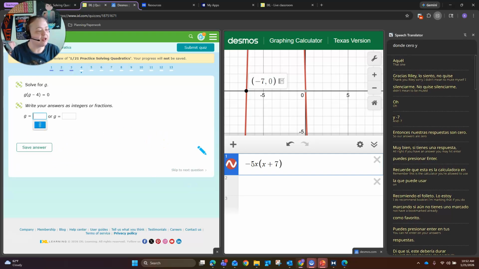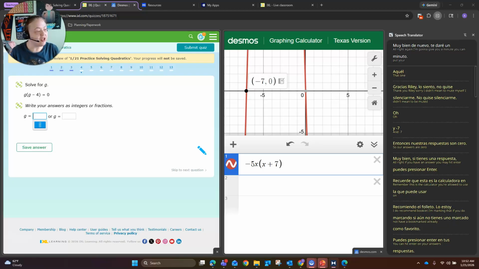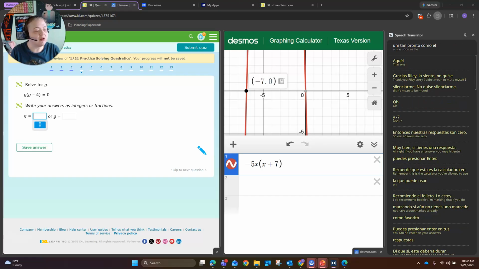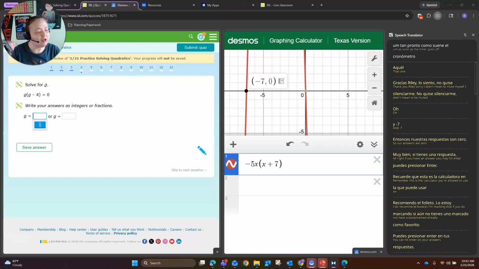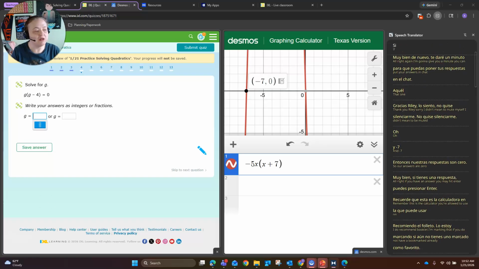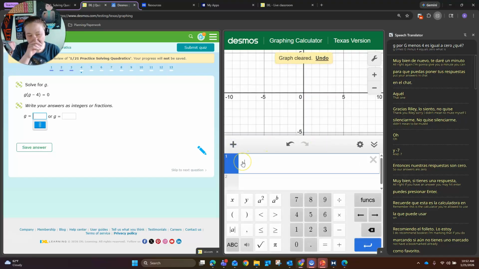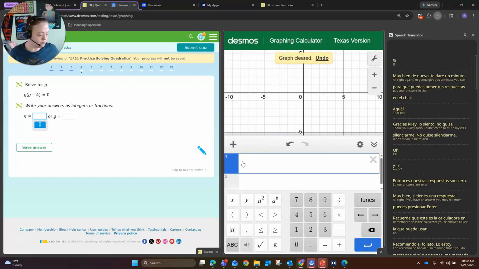Again, I'm going to give you a minute. You can put your answers in chat as soon as the timer goes off. If G times G minus 4 equals 0, what is the value of G?